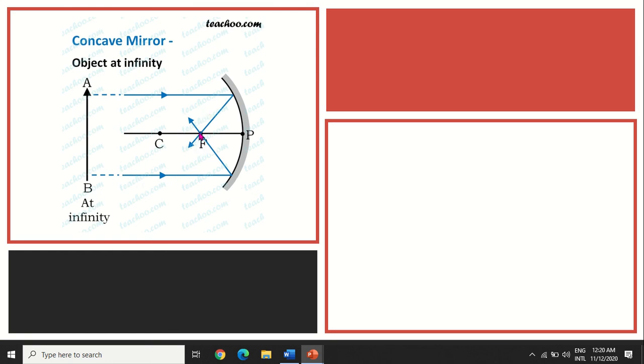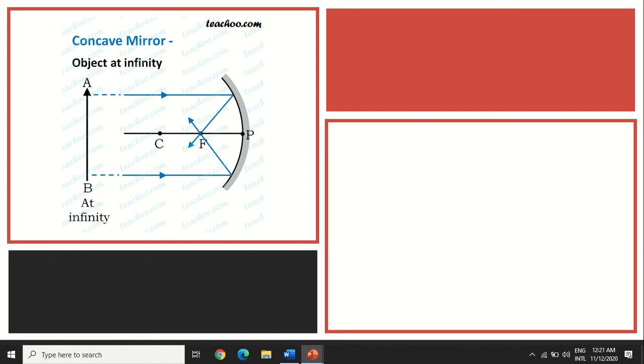So the image will be formed at the principal focus, because principal focus is position number 5, and infinity is position number 1.